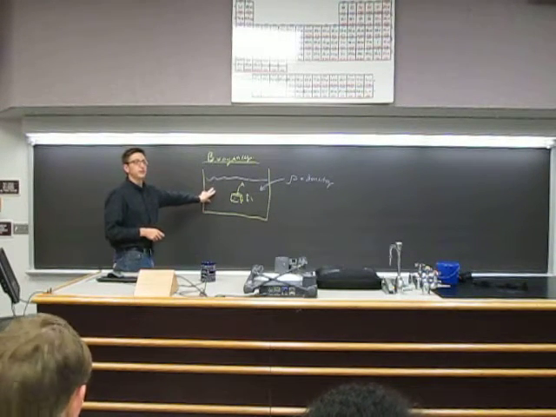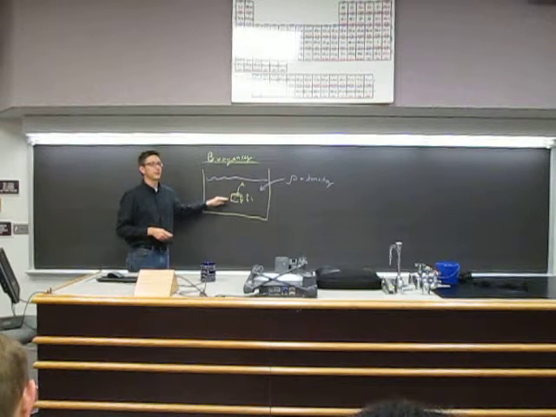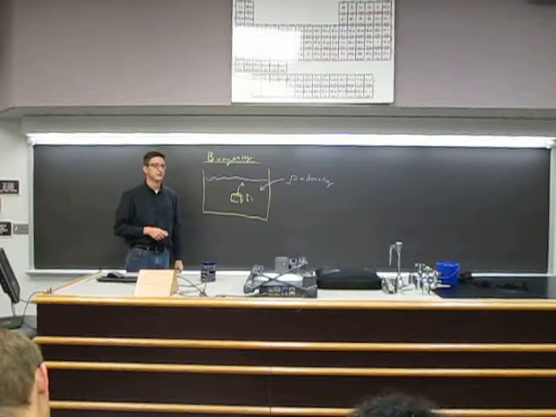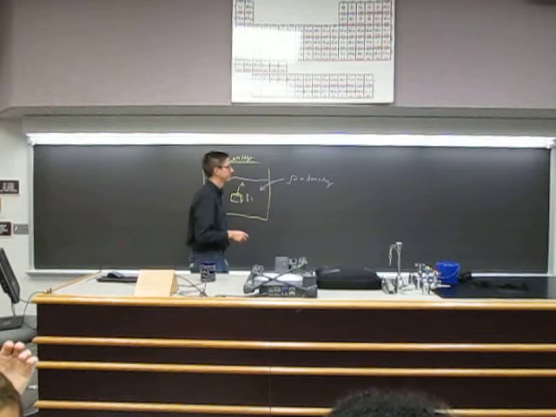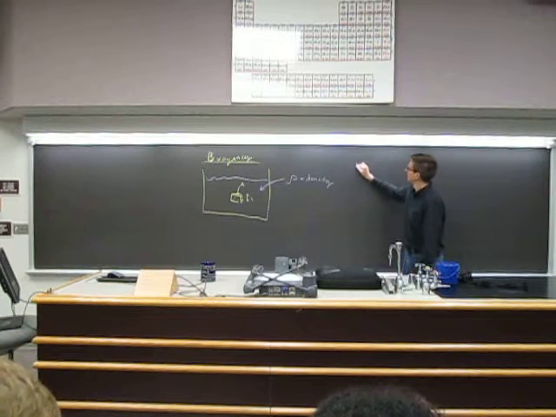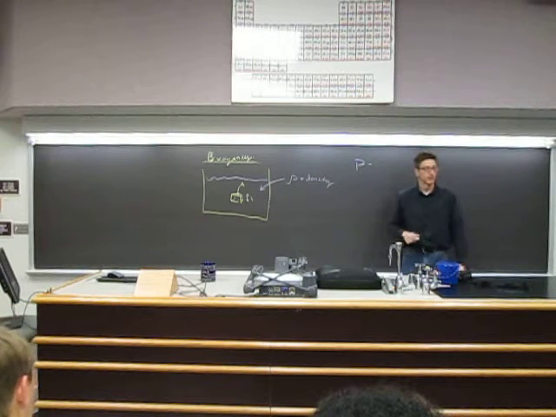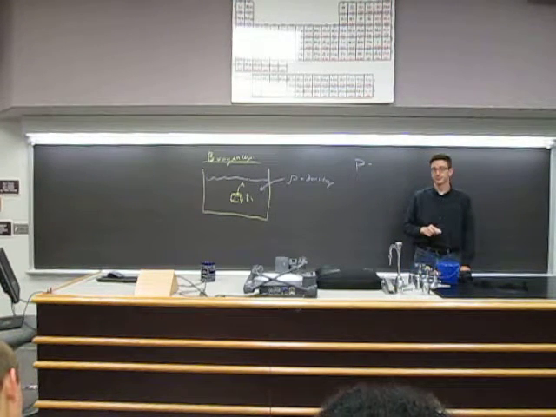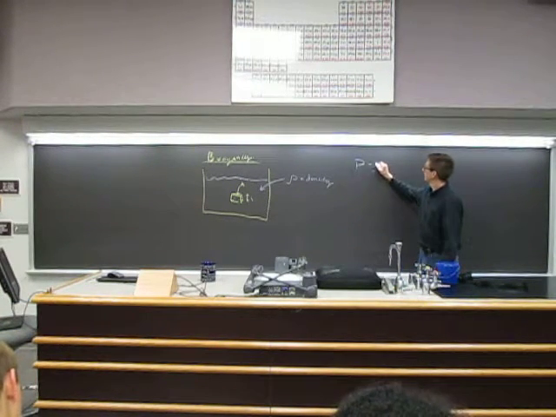If I have this, what's the pressure at any depth inside the fluid? Do you remember the formula for pressure at a given depth? P is density times G times depth. Yeah, that's right.